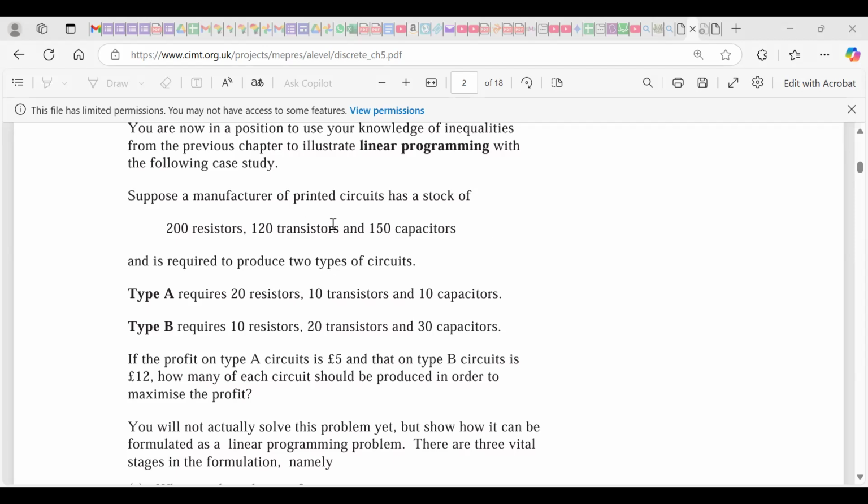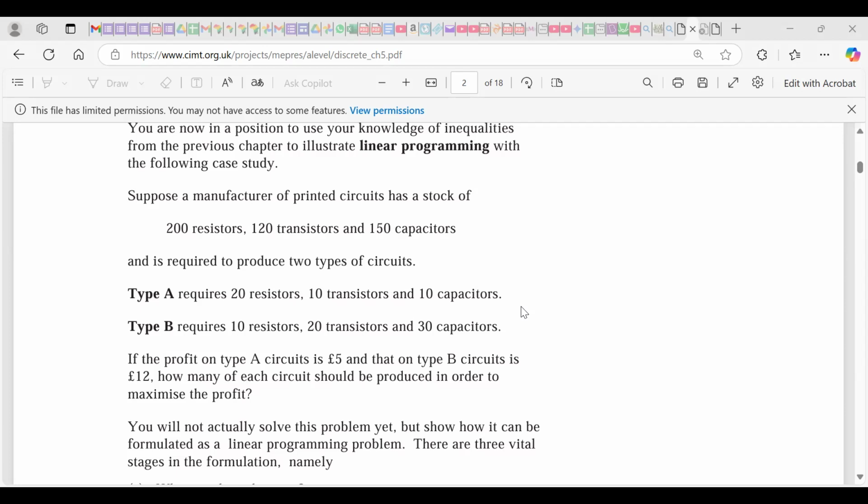They have 200 resistors, 120 transistors, and 150 capacitors. The type A circuit requires 20 resistors, 10 transistors, 10 capacitors. Type B requires 10 resistors, 20 transistors, 30 capacitors.